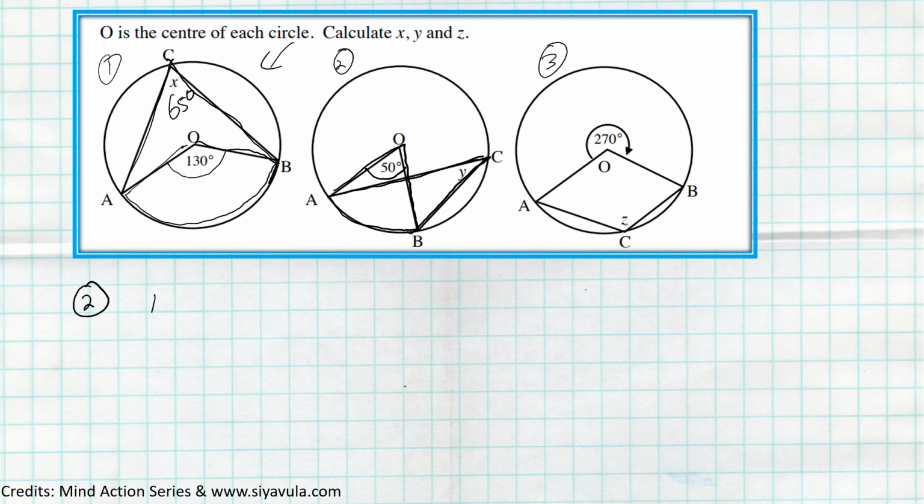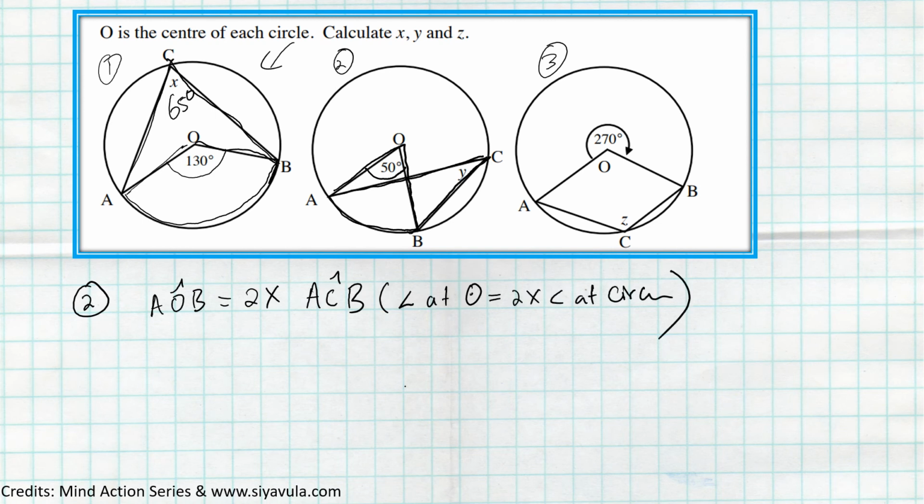What do you know? Angle at the center, which is our AOB, will be equal to 2 times angle at the circumference, which is our ACB. Angle at center is equal to 2 times angle at circumference, so that's the reason. Our angle at the center is 50 degrees, which is equal to 2 times angle ACB, which is y.